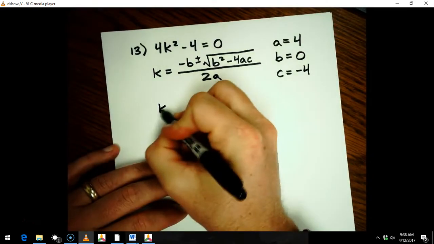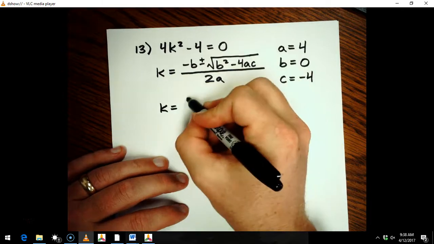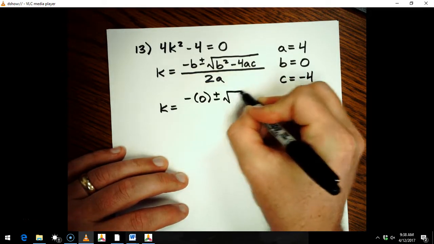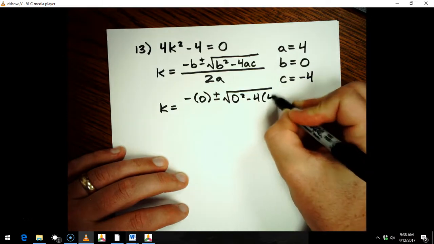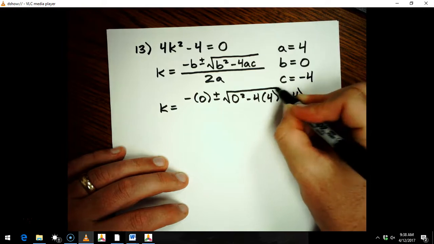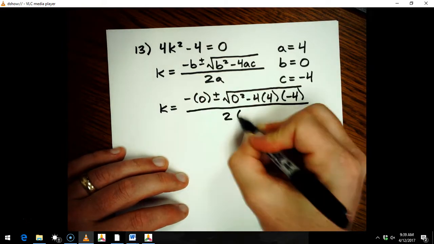So when I put this into the formula, k equals opposite of 0 plus minus the radical of 0 squared minus 4 times 4 times -4. All of that divided by 2 times 4.